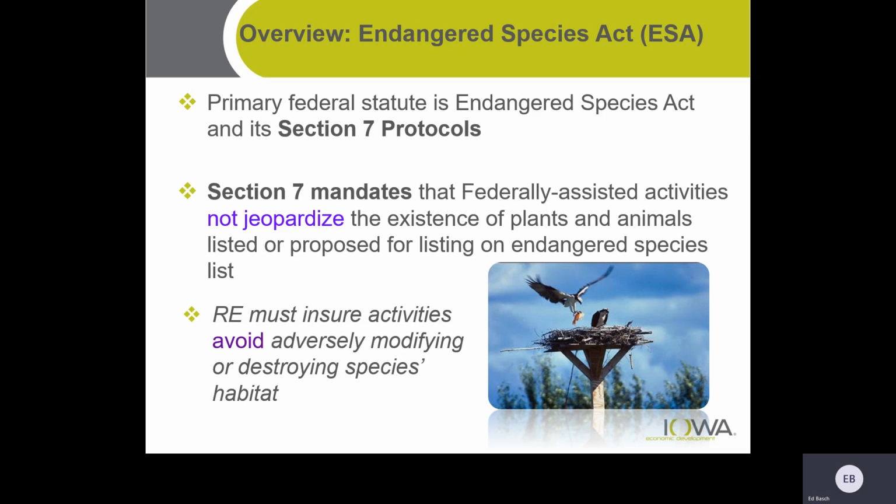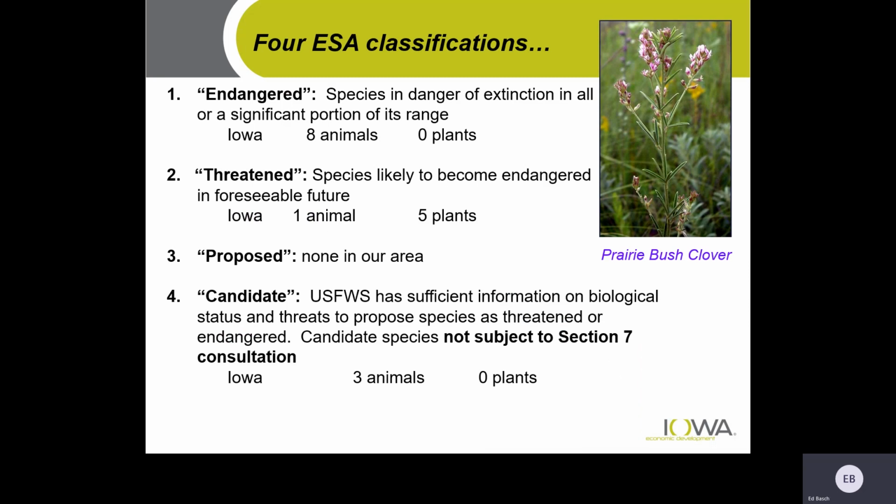And as the RE, you must ensure the activities avoid adversely modifying or destroying a habitat. Now, a lot of projects, just by their nature, are not going to affect any kind of endangered species habitat, and that's fine, but it still needs to be documented.